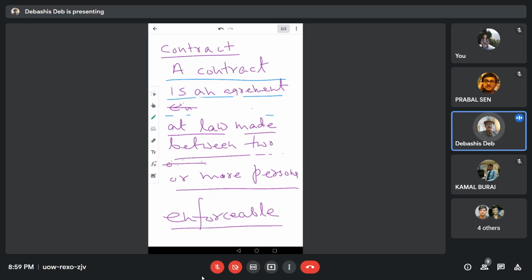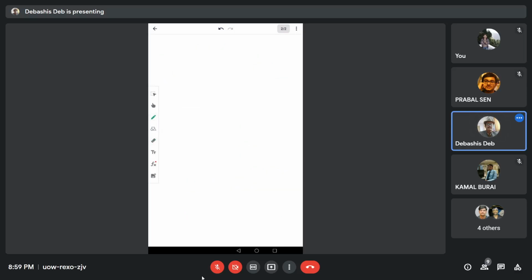So in a contract, there is one party, one person or more persons, and there is another party. It may be one to many, many to one. These are contracts, but a contract is nothing but an agreement which can be enforceable at law.